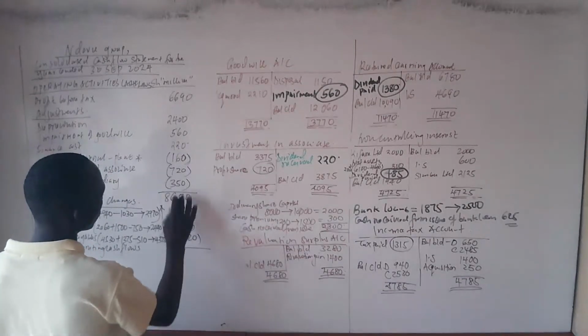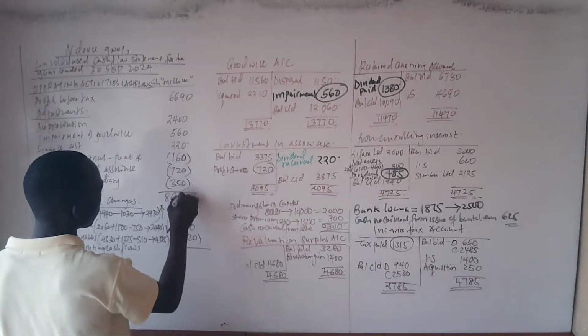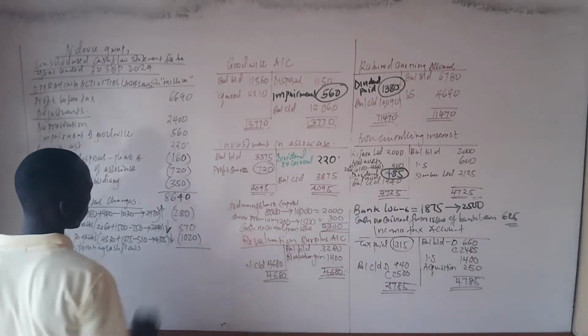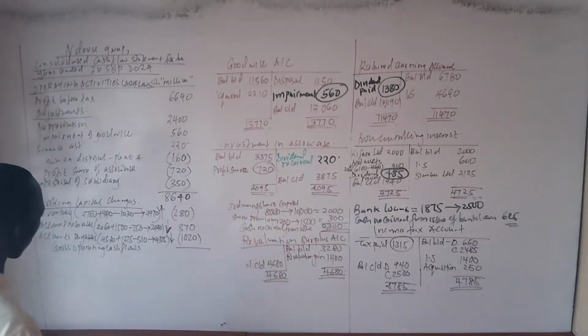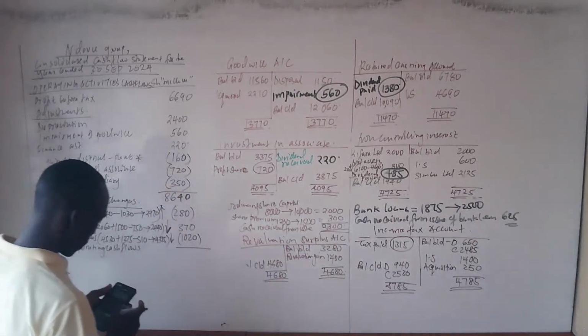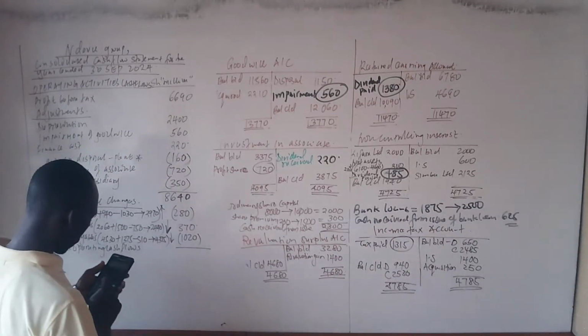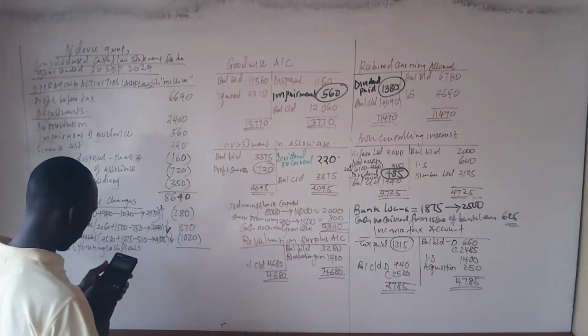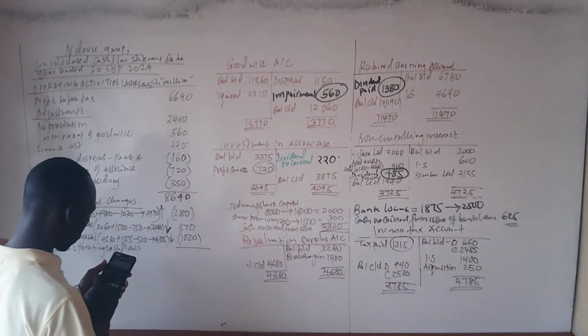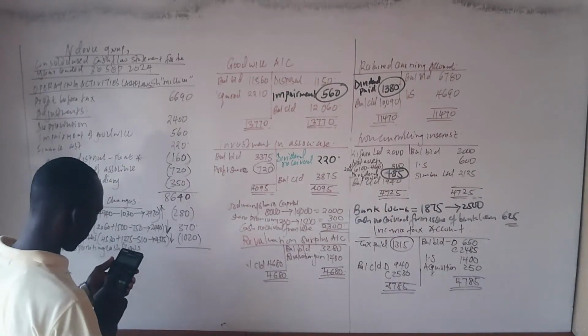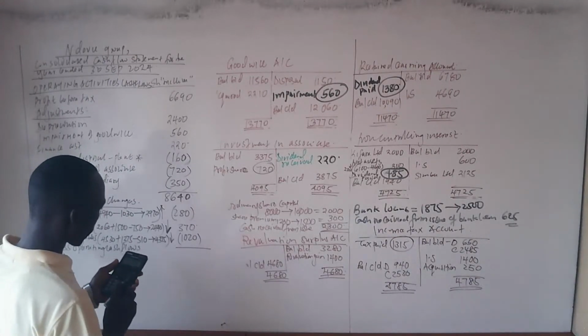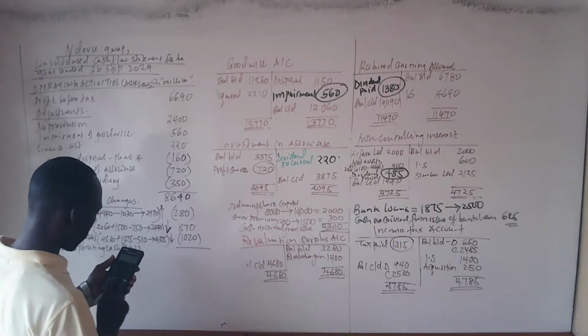So this will be 8640. Now give me the gross operating cash flow. It is 8640 minus 280 plus 370, then minus 1020.